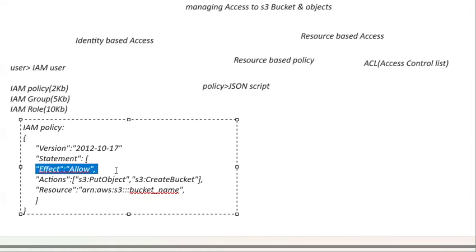What is the effect that you are providing for this particular user? You are allowing. For this effect, what are the actions that you are allowing? That you need to provide: that is PutObject and CreateBucket. Now, for which resource are you allowing?